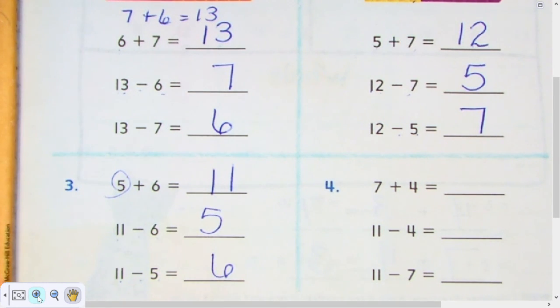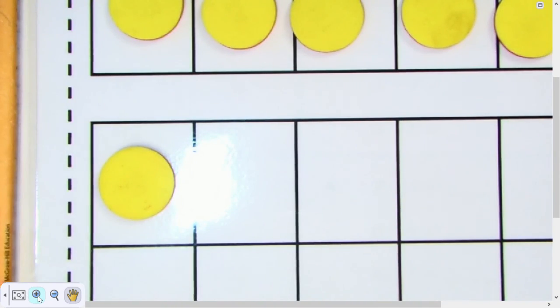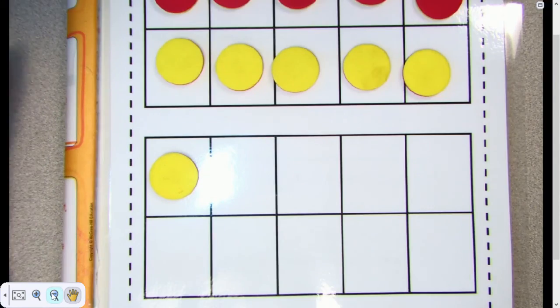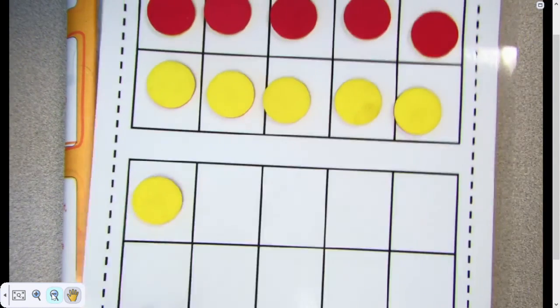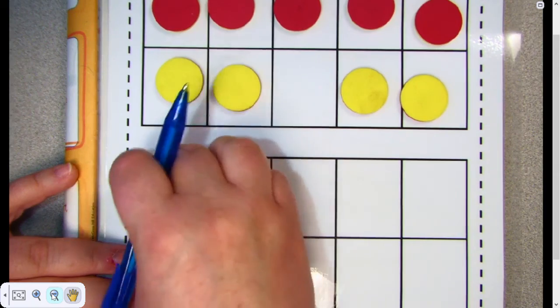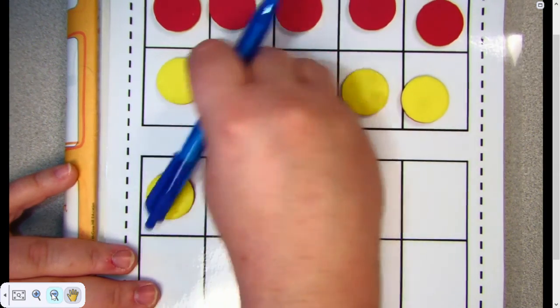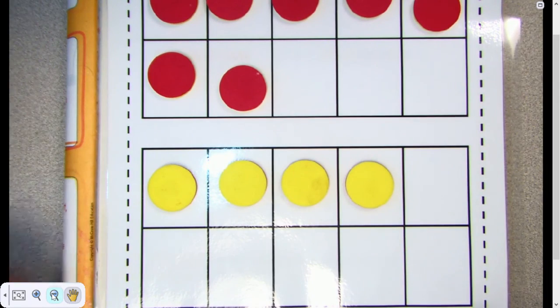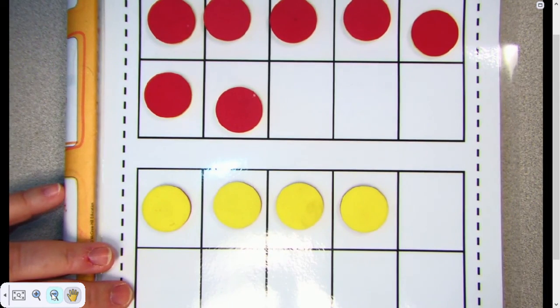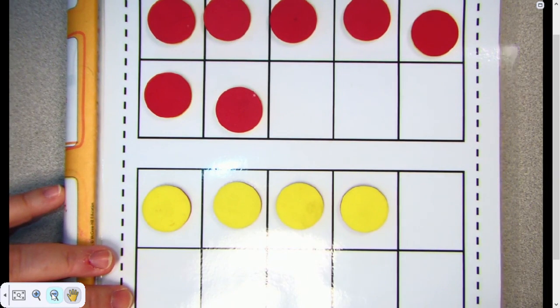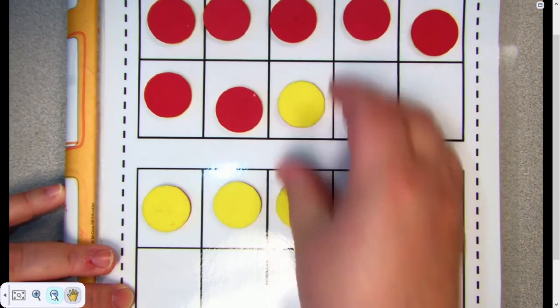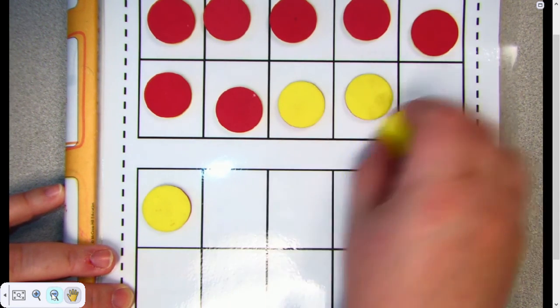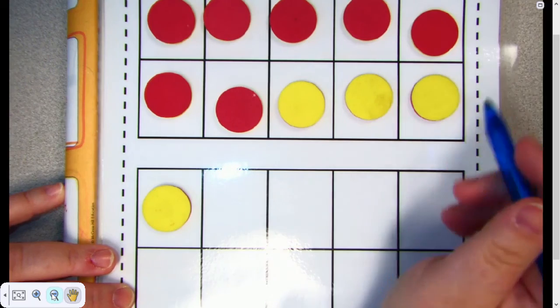Let's do the next one. 7 plus 4. And I'm going to have to minus out a little so we can see this. 7 plus 4. Can we make a friendly 10? Absolutely. So now we have 5 plus 5 is 10.